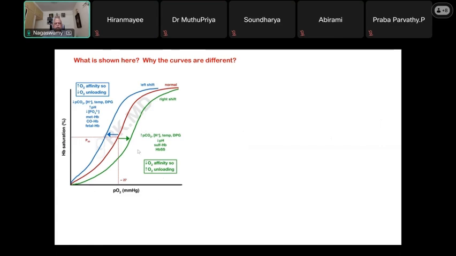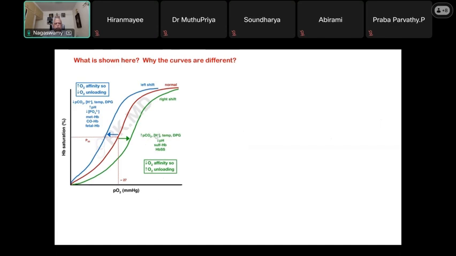Conditions which cause a shift to the right are an increase in CO2 or hydrogen ion, temperature, and an increase in 2,3-DPG. These three things, if they increase, will all cause more release of oxygen.